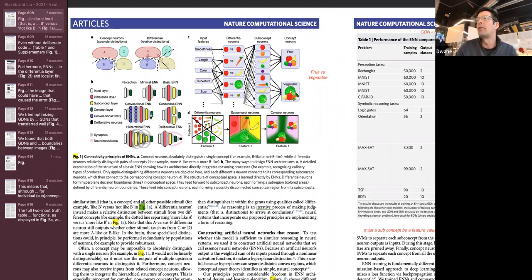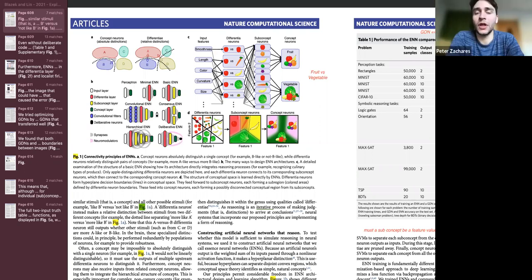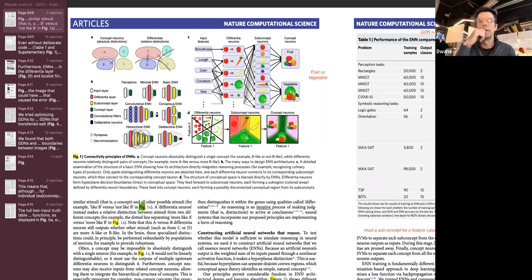Yeah. I mean, depending on the task, they change the sigmoid activation function. They do change that for a square activation function. Yeah, for the logic tasks. For the logic tasks, they do that. And it does seem to me very much to be, especially because part of the algorithm prunes nodes out that aren't useful for subconcepts.